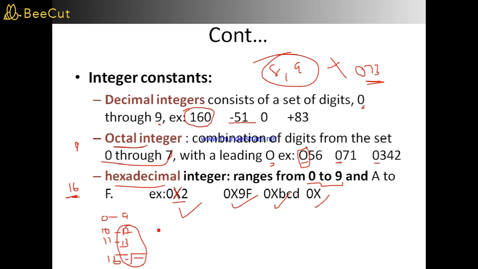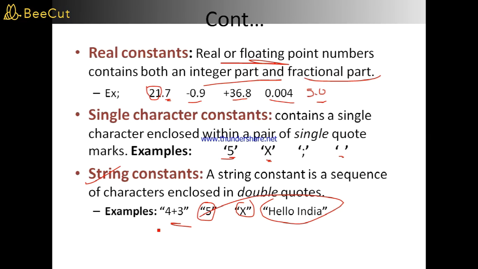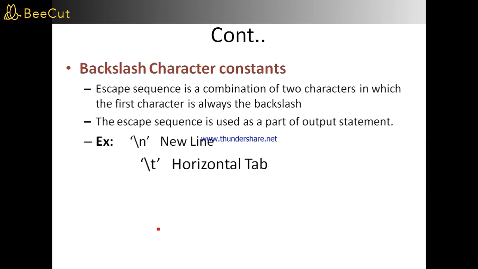Okay, I hope you understood this part: the integer constant, the real constant, the single character constant, and the string constant. Another type of constant is called a backslash constant. Backslash constants are nothing but characters that have special meanings in a programming language. For a new line, actually we use the enter button to move the cursor to a new line, or the tab to leave some space.